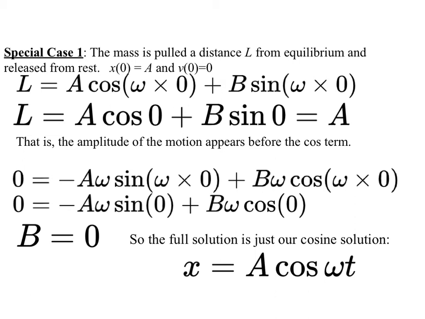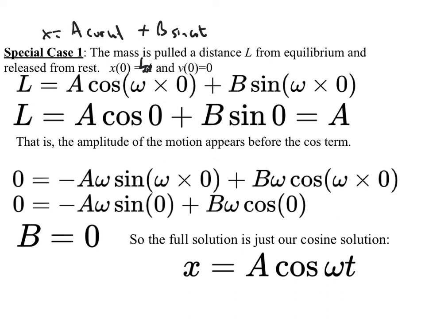Special case 1, the mass is pulled a distance L from the equilibrium and released from rest. So x of 0 equals L and v of 0 equals 0. We plug into the x equation first, and we say that L is, remember, because our equation is x equals a cos omega t plus b sine omega t.